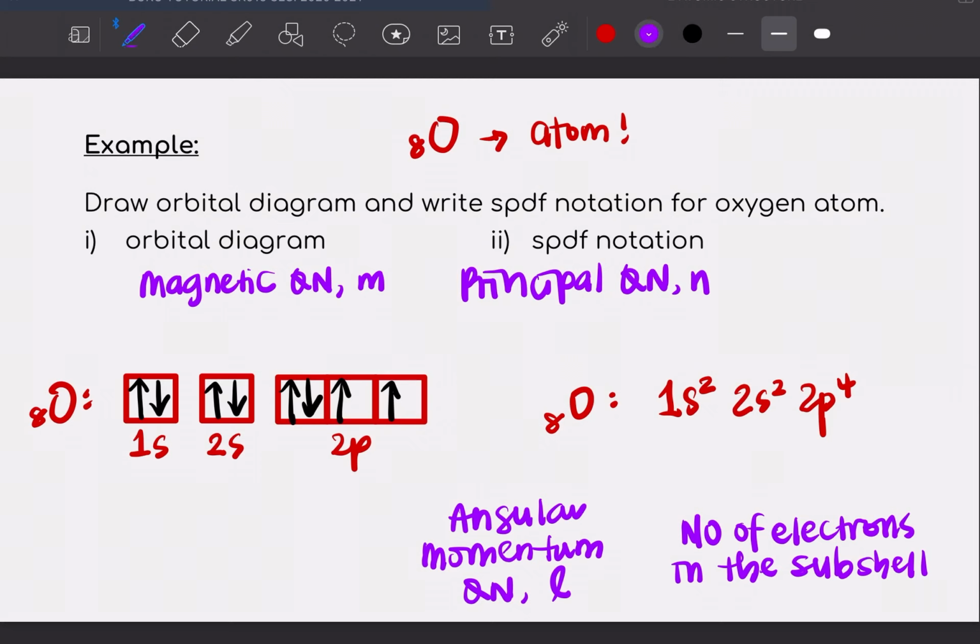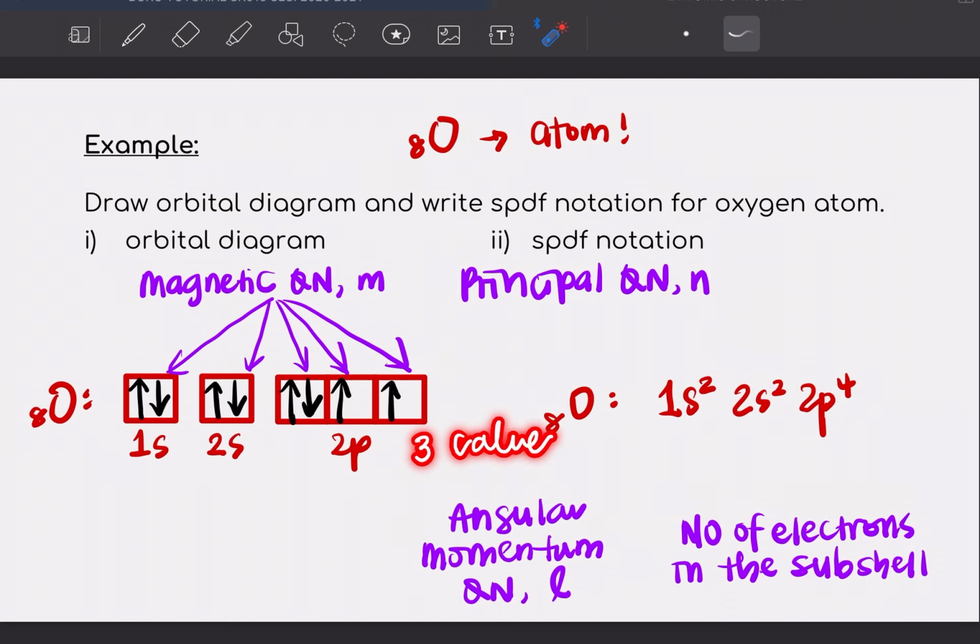So that will be your boxes. For the p orbital you have 3 values of m, so that means you have 3 orientations of the p orbitals.